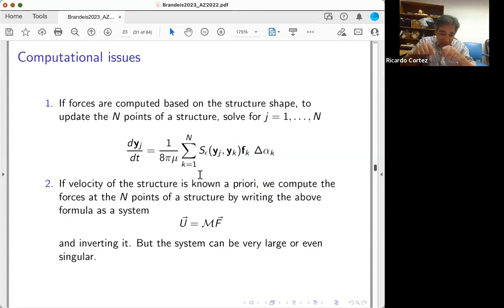What if I've observed the motion in a certain way, and I would like my points to have a prescribed velocity? I need to find what forces can produce that velocity at all the points. So if I set up this equation for every point on my flagellum, I end up with a linear system like this. All the velocities are related to all the forces. And this is the matrix I would have to invert to find the forces that will produce the velocity I'm prescribing.